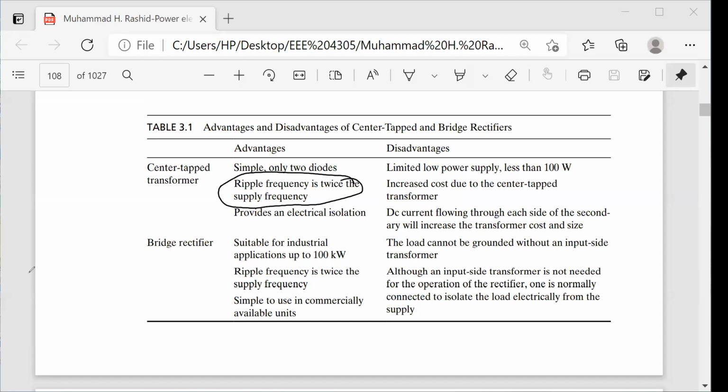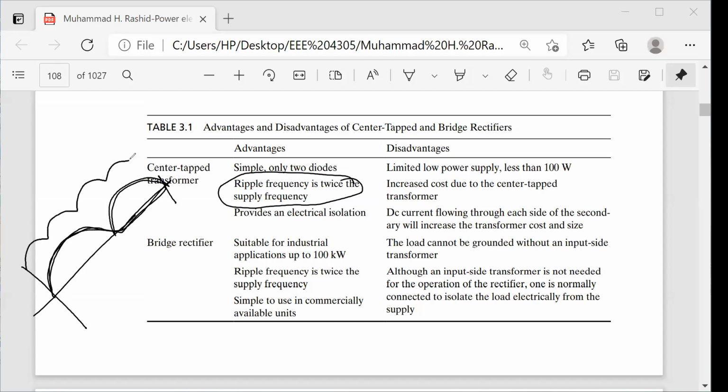The thing is that if we have only one pulse like this, and in the negative cycle we don't have anything, it is better if you have double the frequency. If you have triple the frequency, that will be better. If you have multiple frequency, even that is best.